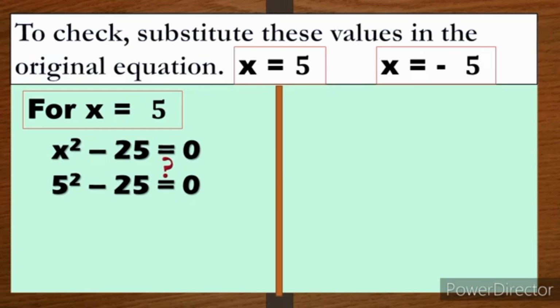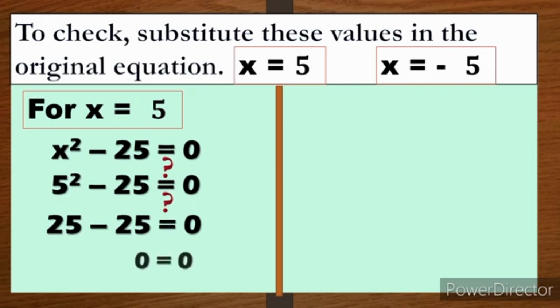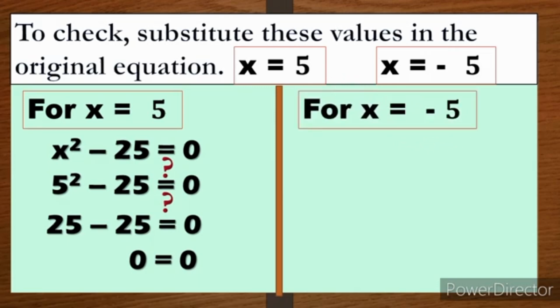Okay, pag naging 0 equals 0 ang equation natin, pag na-satisfy yung equation, ibig sabihin, tama yung sagot natin na 5 or yung value na 5 ng x. Okay, so 5 squared is 25 minus 25 equal to 0. Okay, so 25 minus 25 equals 0 equals 0. So, ibig sabihin, they are equal. So, ibig sabihin, tama yung value natin na 5.